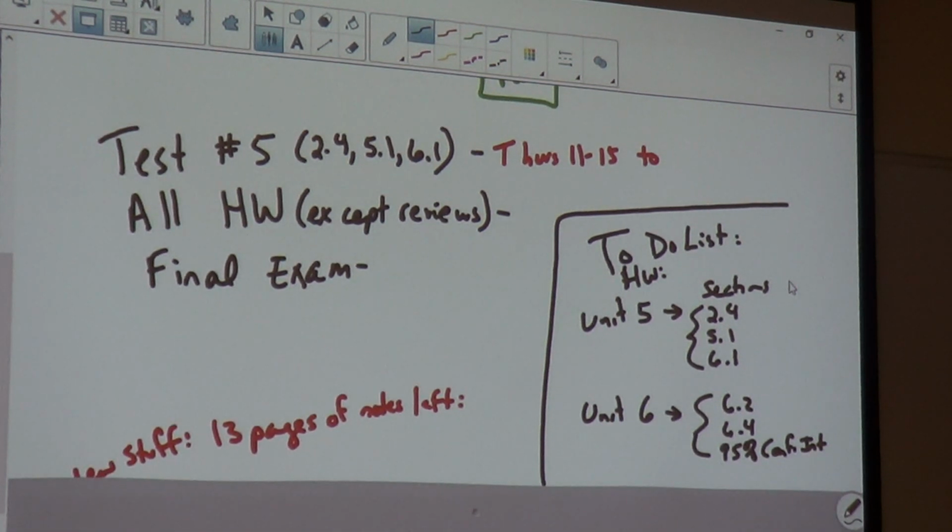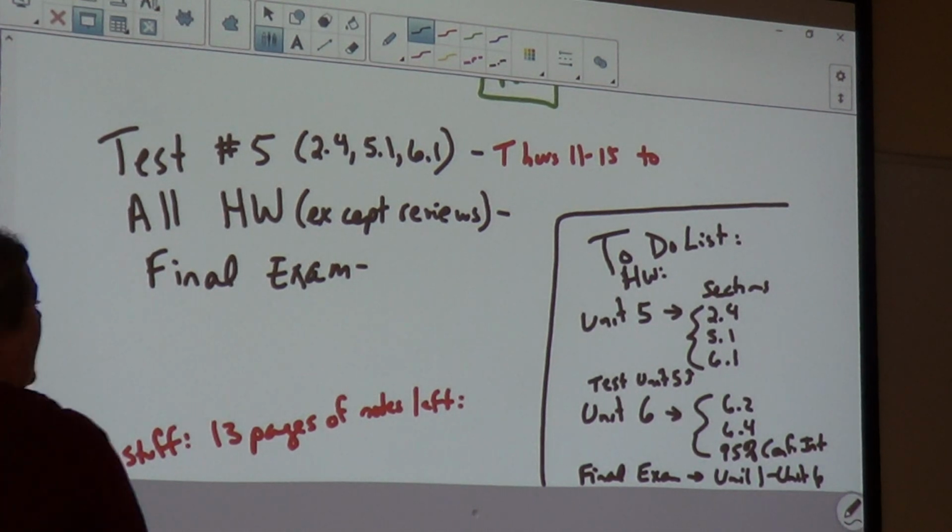You also have a test on Unit 5. So you have a test on all of that stuff above us. We good? And you also have a final exam on Unit 1 through Unit 6.